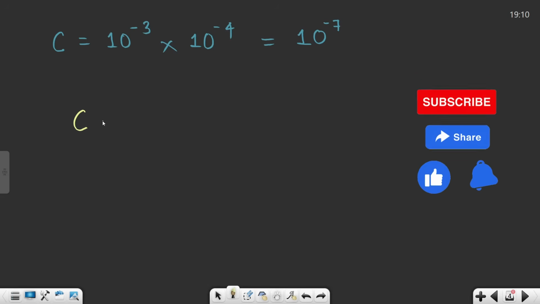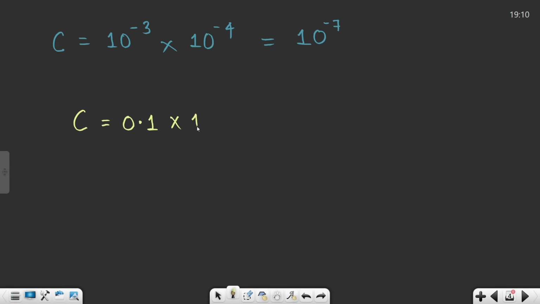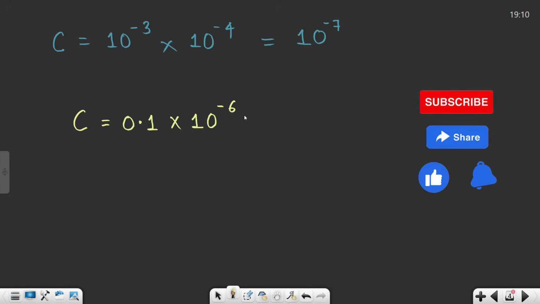I hope you know this basic mathematics, right? So that becomes 0.1 into 10 raised to minus 6, which is nothing but 0.1 microfarad.